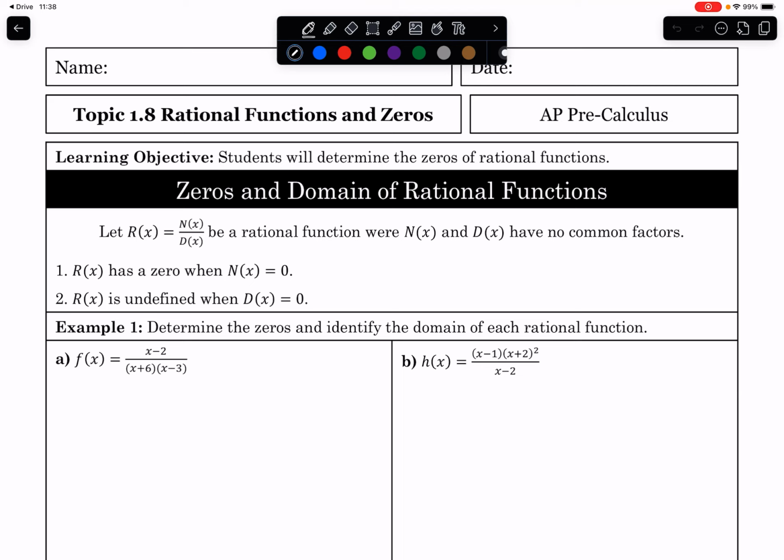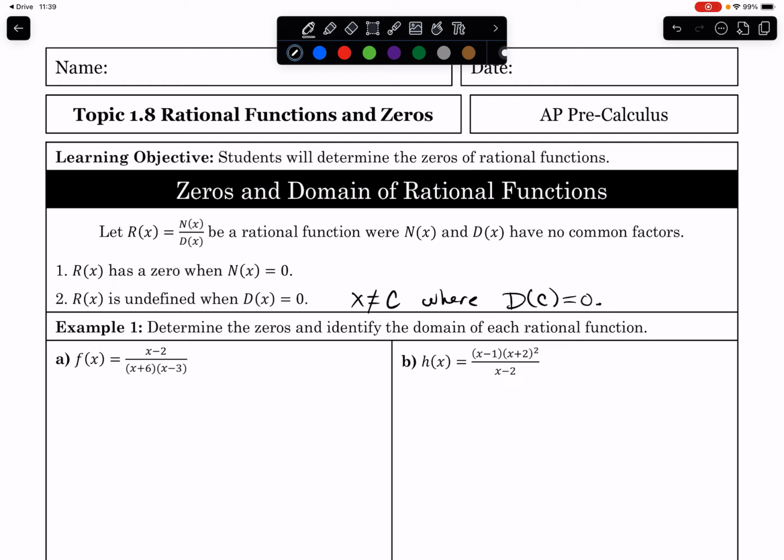For whatever values of x make the denominator equal to 0, we'll call that c. X cannot equal the values of c where the denominator function at that value of c equals 0.